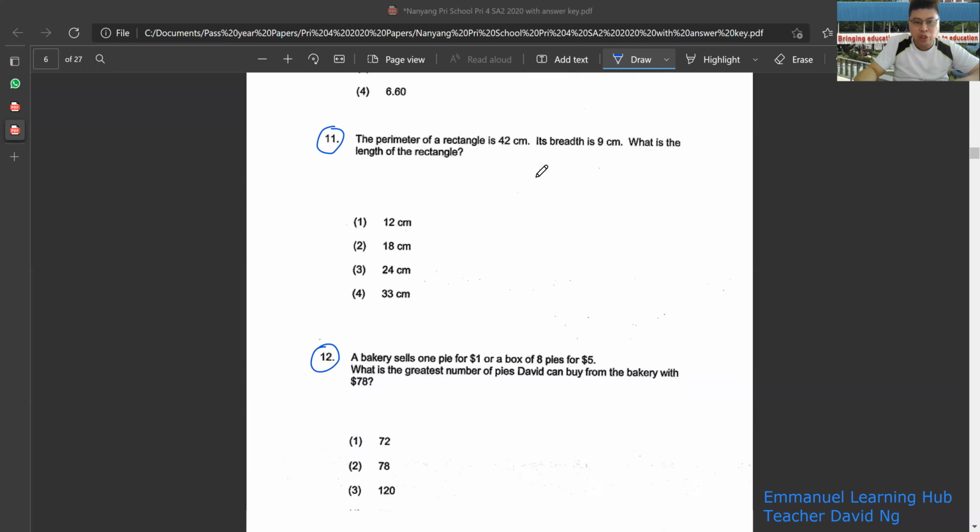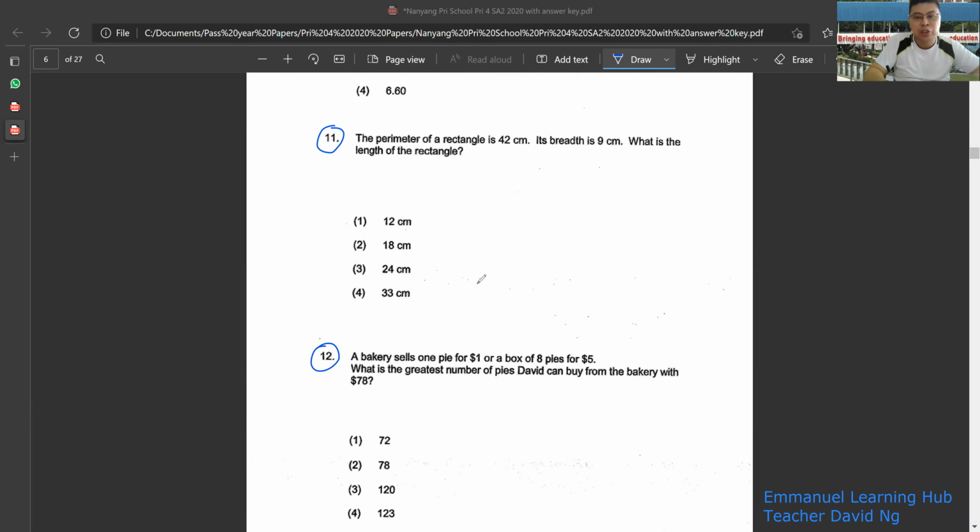Okay. Question 11. The perimeter of a rectangle is 42 cm. Its breadth is 9 cm. What is the length?